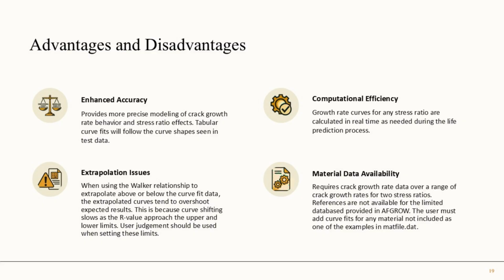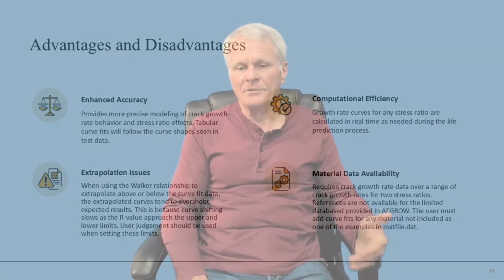If we're using smaller M values to extrapolate, we're going to predict more of a shift than we would actually see in reality. So that's one of the weaknesses of using just the two curves. And of course, since we only have a handful of materials that were fit as examples, it's going to be a matter of finding the data if you wanted to use it.